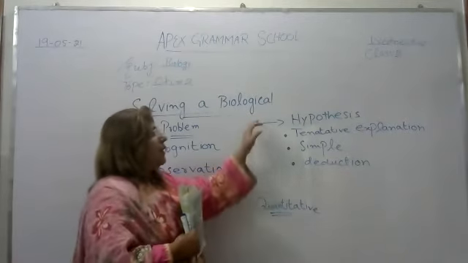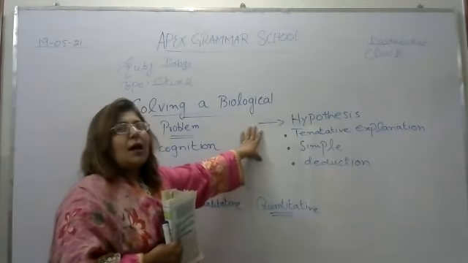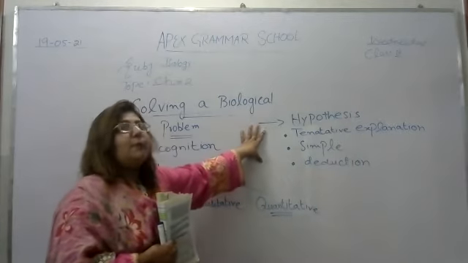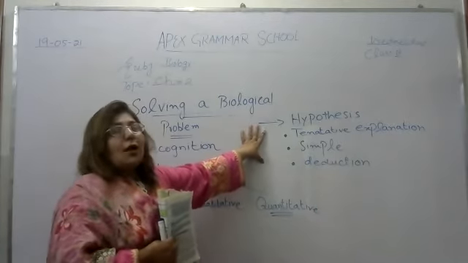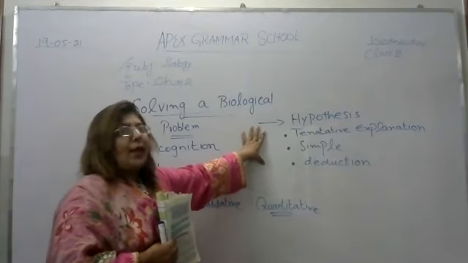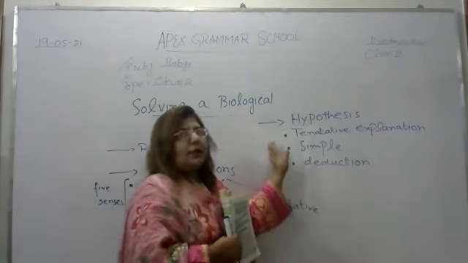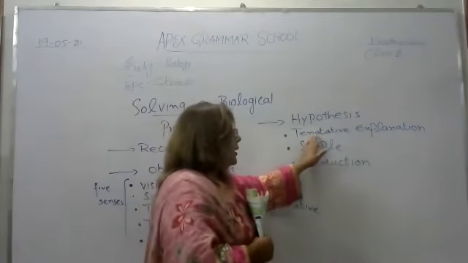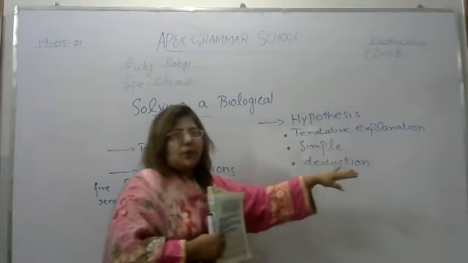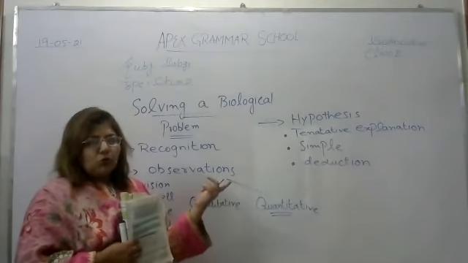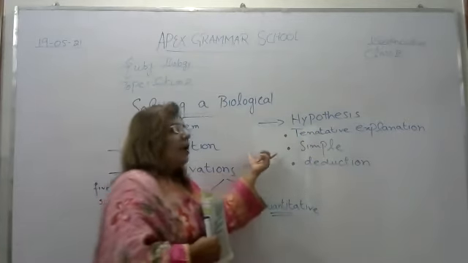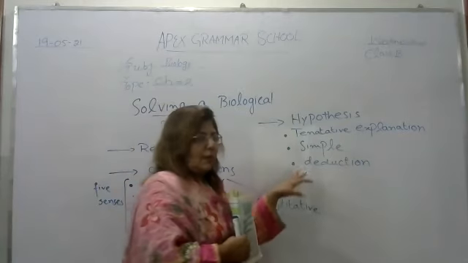So when we discuss hypothesis, a good hypothesis should have these characteristics. First, it has a tentative explanation: its statement can be true or false. Second, a hypothesis should be simple.